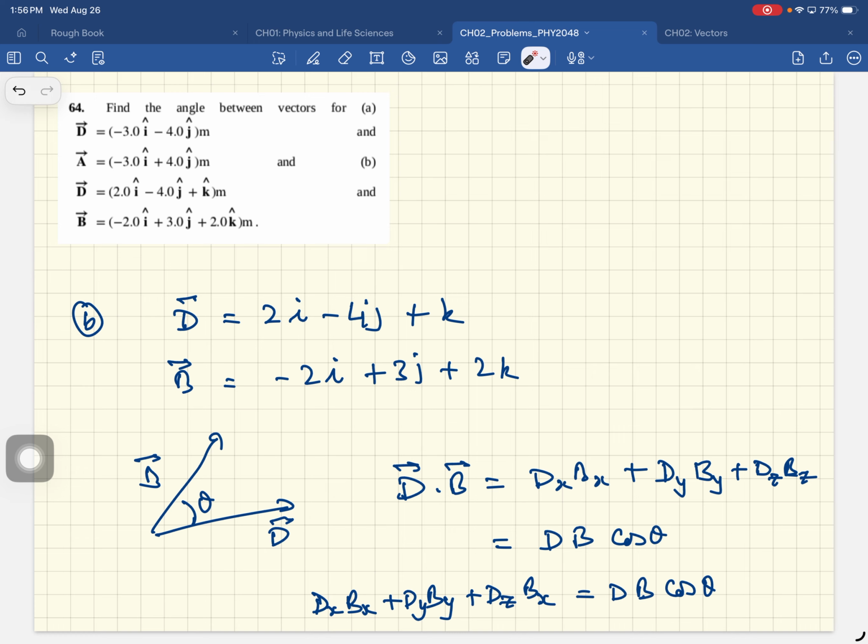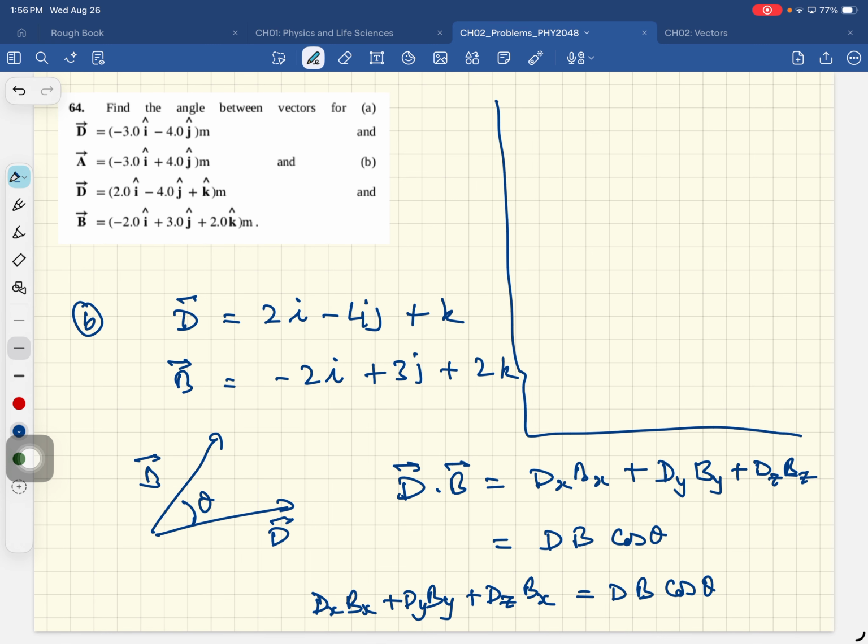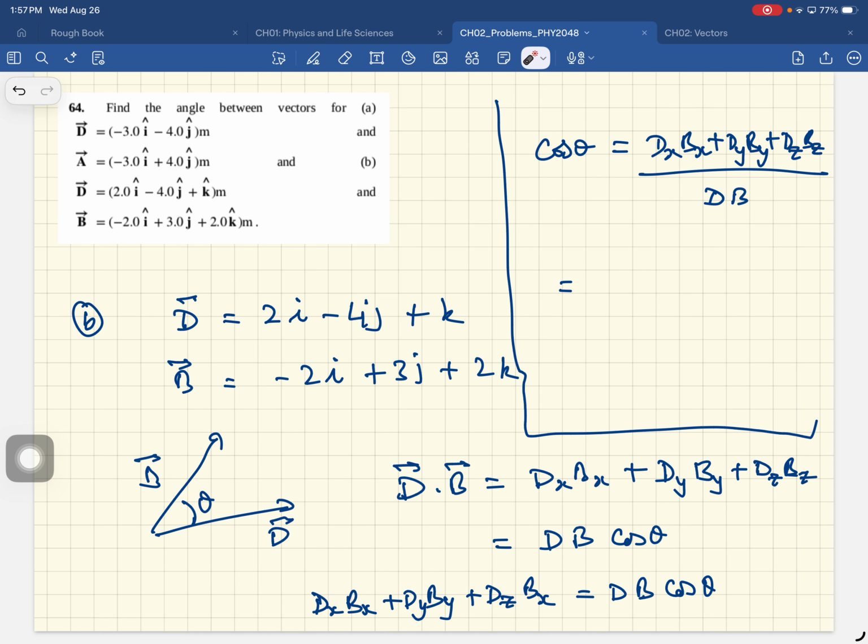When you do determinants with I, J, K, these guys really are the minors. I times this minor, which is that guy, and so on.